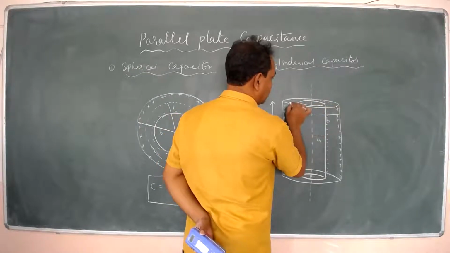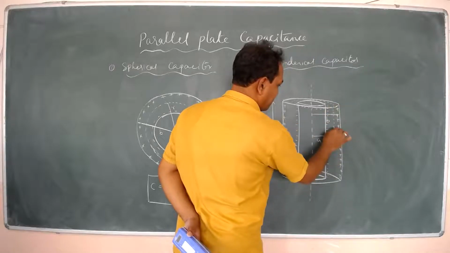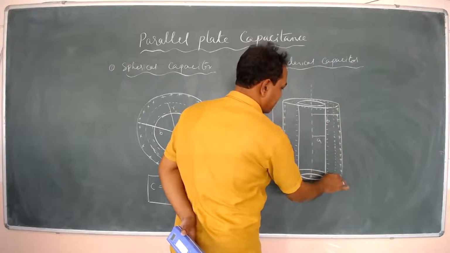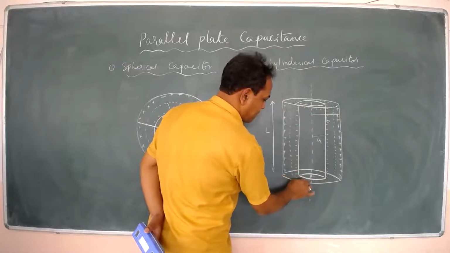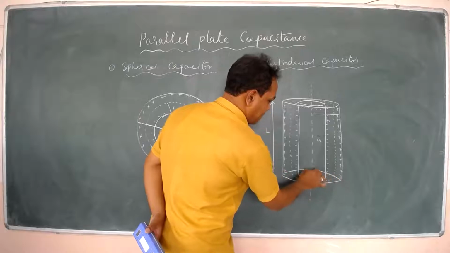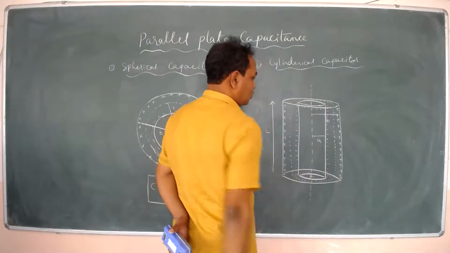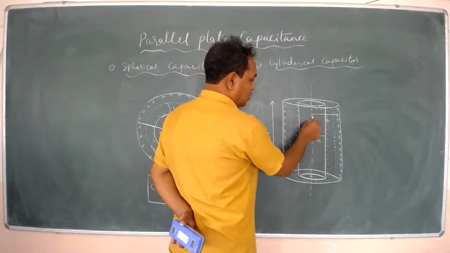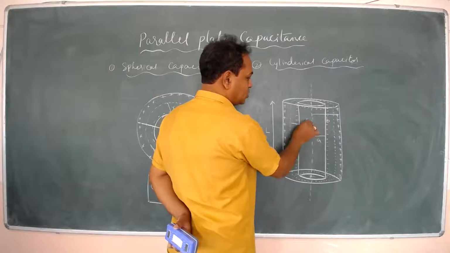From the axis to this assumed cylinder, say the distance is r.